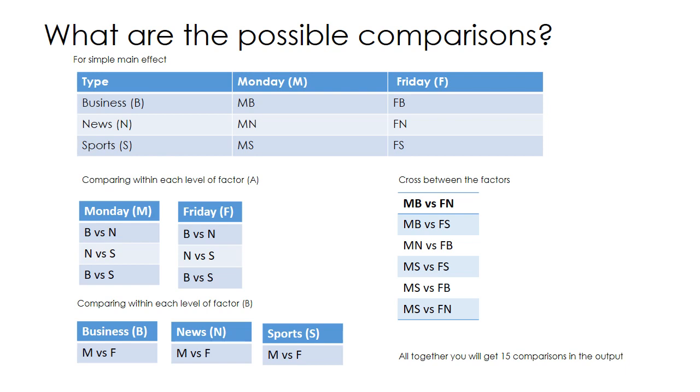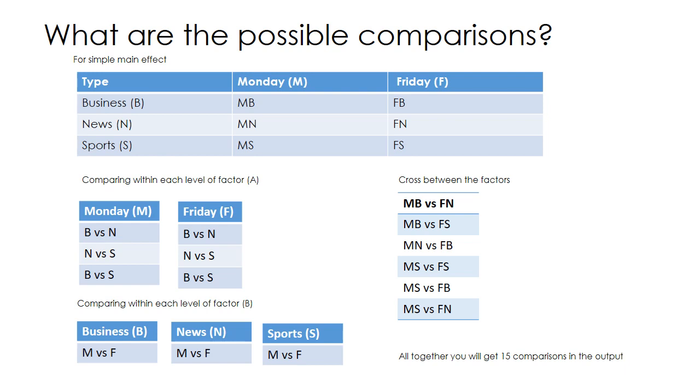And then the Friday. On Friday, I am comparing the number of inquiries after business and the number of inquiries after the news, and then the number of inquiries after news versus sports, and then the number of inquiries after business versus the number of inquiries after sports. So what we are doing here is splitting by factor A, which is the day.